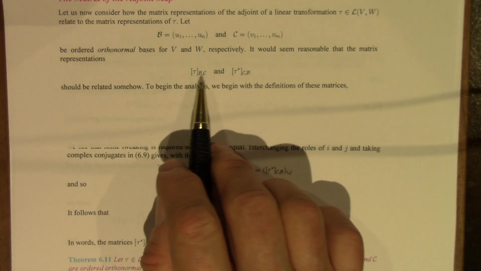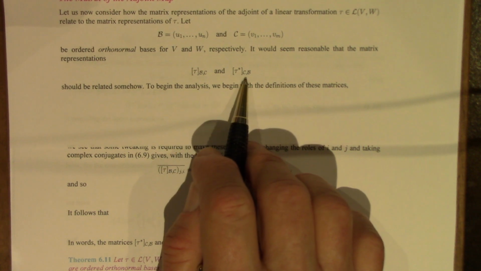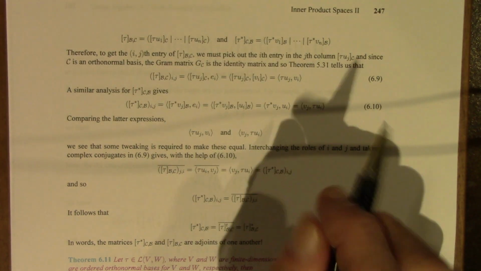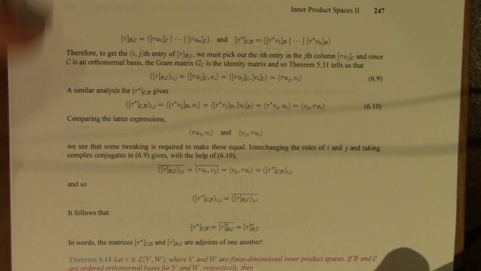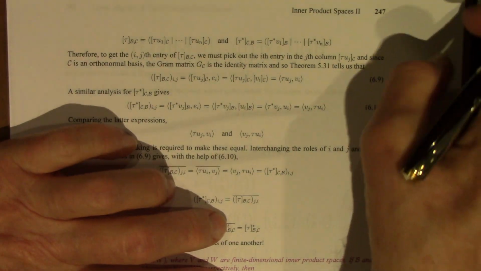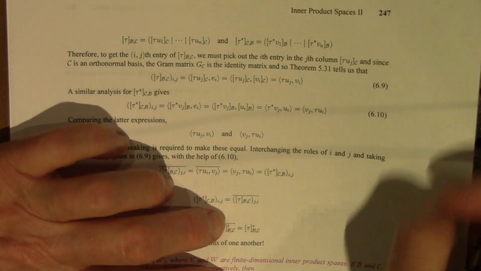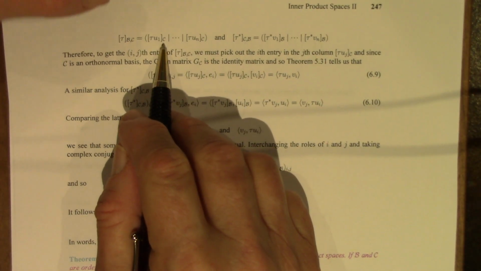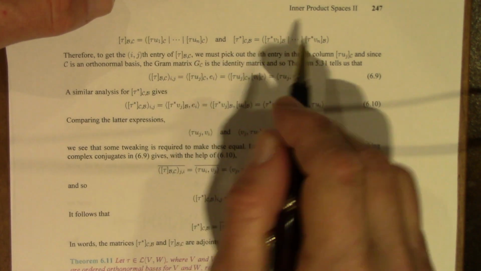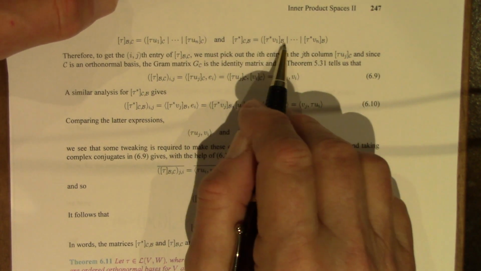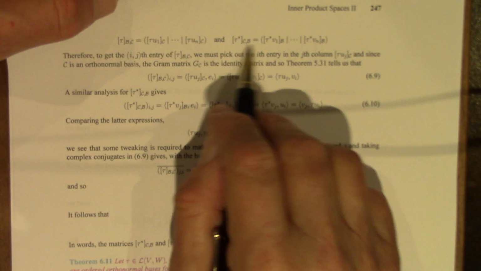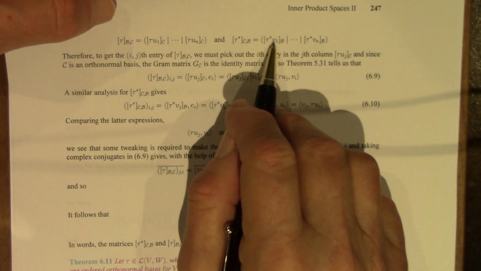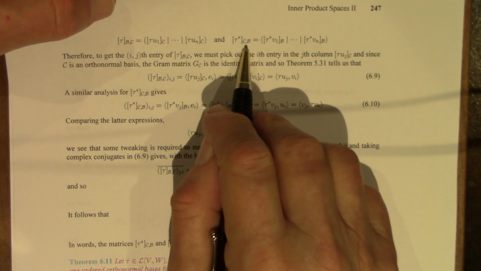Well, the first thing to do is write out what these two look like. We know what their columns look like. If you apply the transformation to the old basis and you take its coordinates with respect to the new basis. So that's what we did here, and that's what we did here. And as expected, these are reversed because this is CB, not BC.